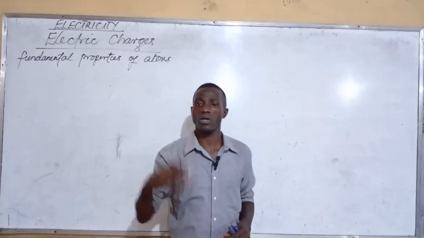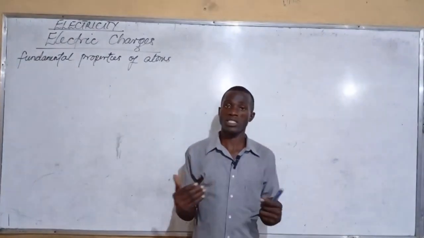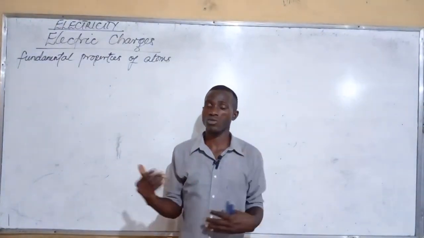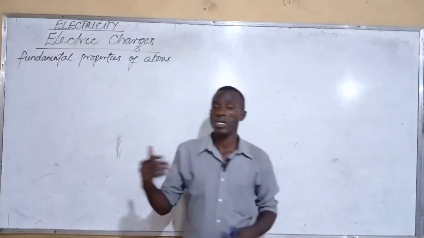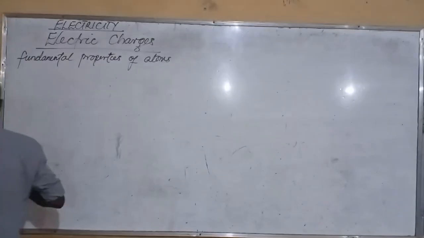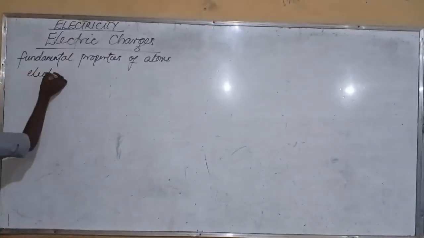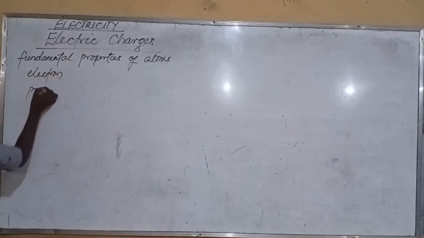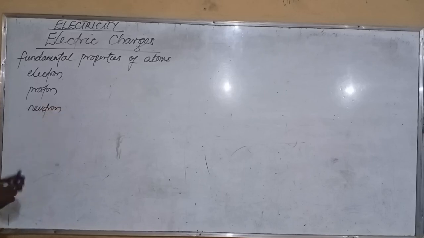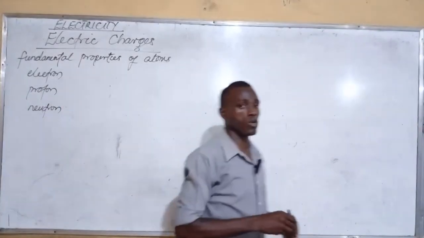Now, how do we know about that? Because from the discoveries of several scientists, J.J. Thomson, Rutherford, Niels Bohr, and all of them, we have known that the atom is made up of the electron, the proton, and the neutron. These are the three particles that an atom is said to be composed of.